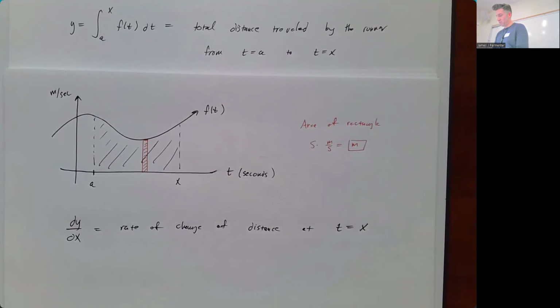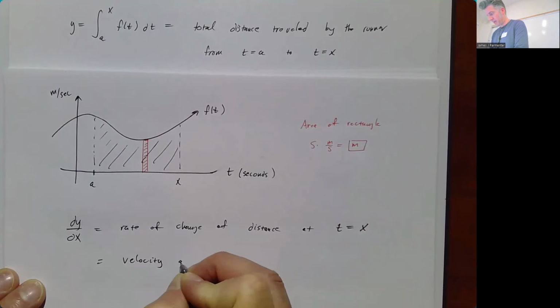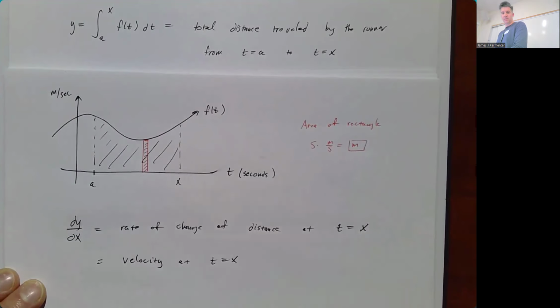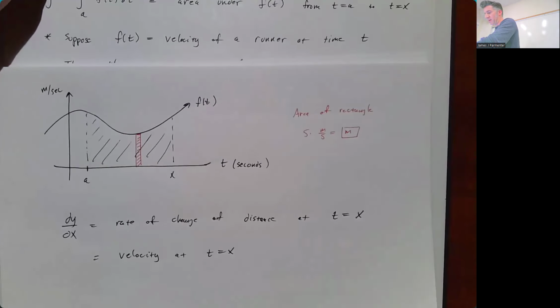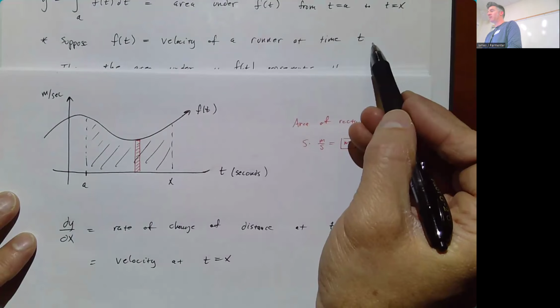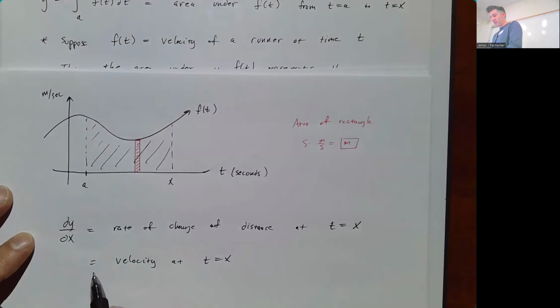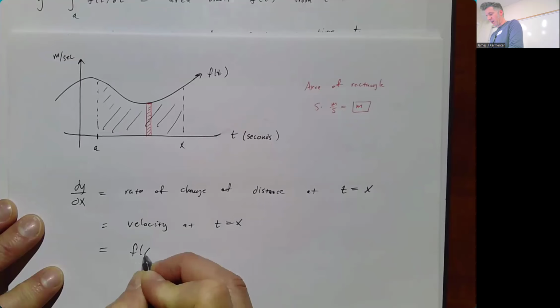But that's the same as the velocity at time equal to x. But we know another way of finding the velocity at time equal to x. We specifically said f of t is the velocity of the runner at time t. So if we want the velocity at time equal to x, that should be f of x.